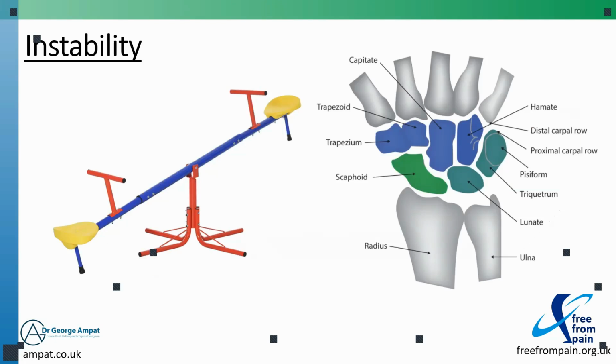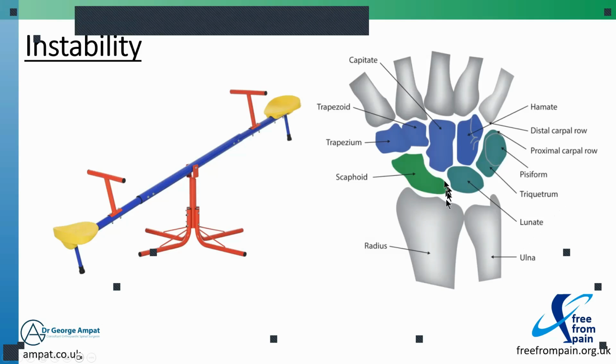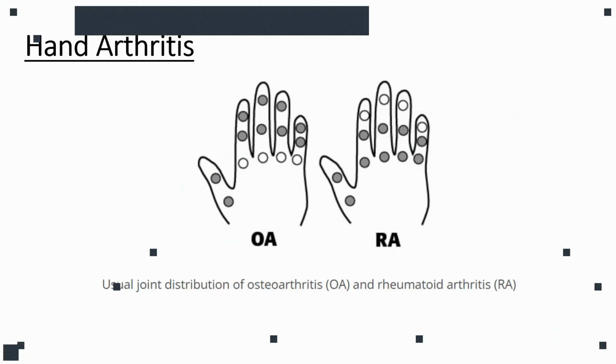Then we looked at the instability, how the wrist joint, the scaphoid, the lunate, and the triquetrum were like a seesaw. And if there was damage to this ligament, you will get a DISI. If you have damage to this ligament, you will get a VISI, or the volar intercalated segmental instability, and that could cause arthritis. So it could be a wrist sprain, but it may lead to arthritis later on.